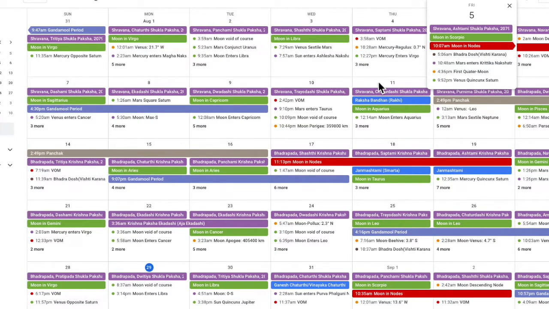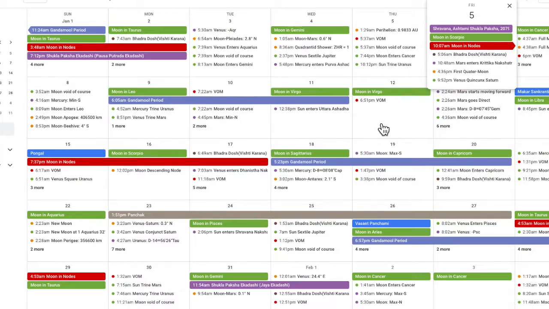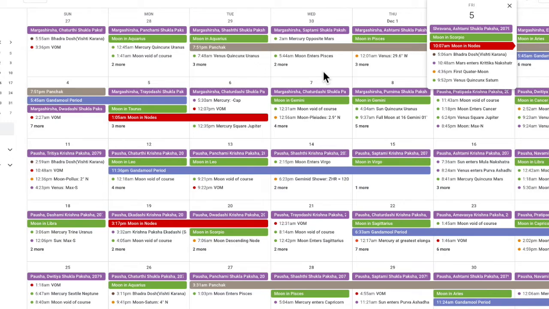It also talks about the Ganmul doshas, the change of signs of various planets, the void of moon, and the moon in nodes. So you have a lot of combinations put in here, which makes it very easy to locate astronomical events and correlate them with the movement in a particular stock. Using this Google Calendar, it's very easy for me to locate these events.